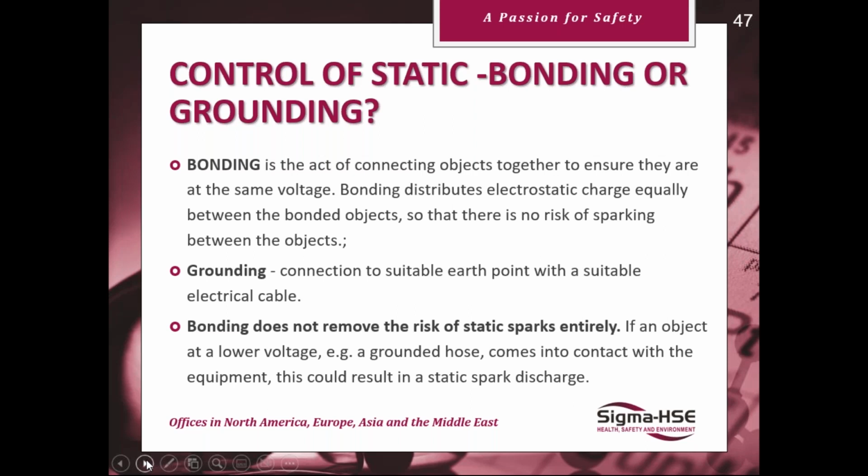If an object at a lower voltage, e.g. a grounded hose, comes into contact with the equipment, you could get a static spark discharge. So the best way of doing it is to ensure in the system you have grounding. This is connection to a suitable earth point with a suitable, checked and verified electric cable.